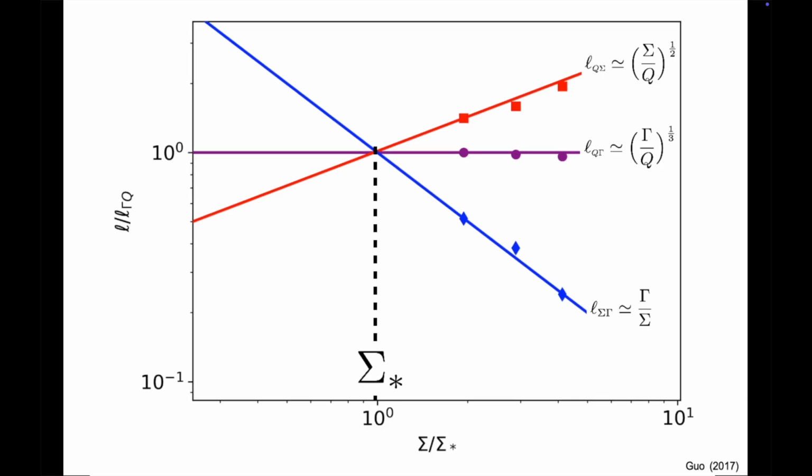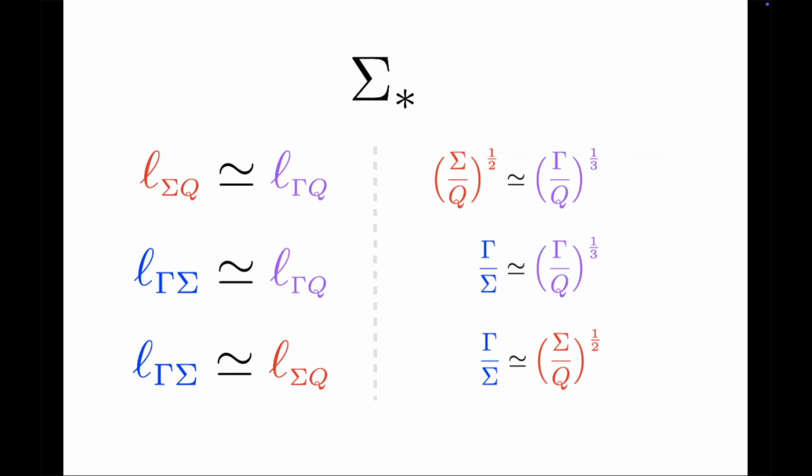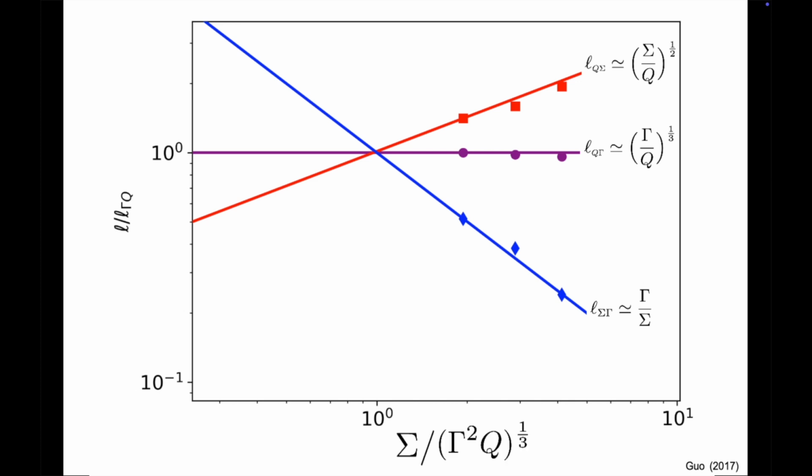The value of this special stress can be expressed mechanically by equating any pair from the three simple lengths. Naturally, these three equations give the same result: a stress that is independent of the elastic modulus of the substrate, and that depends on the two other relevant mechanical quantities. Thus, the horizontal coordinate of this plot combines all three mechanical quantities.